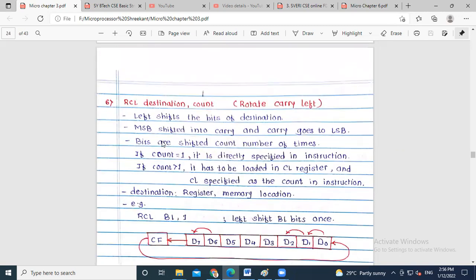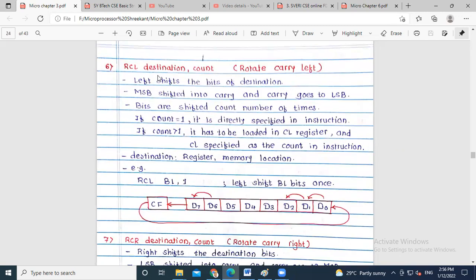Okay. Next one, RCL destination, count. It means rotate left with carry, or we say rotate carry left. In this instruction, again we use one destination and one count.